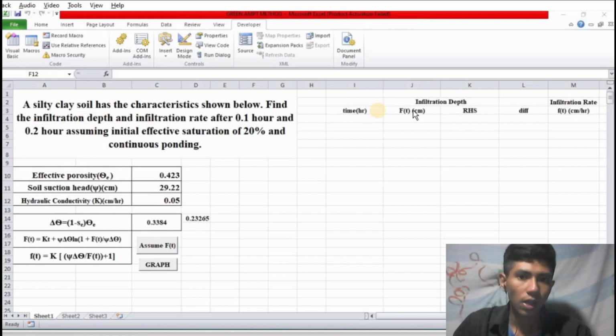But how do we assume the value of F(T)? Let's assume it by multiplying the hydraulic conductivity times the time.